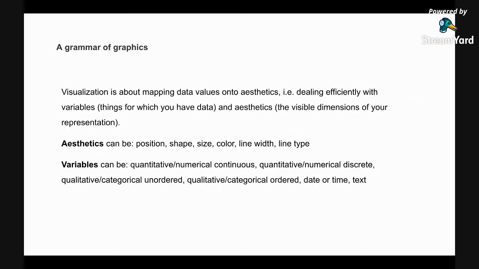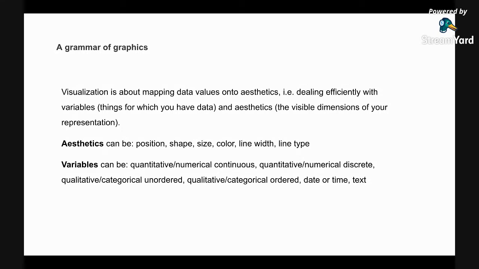So there are two main components in visualization. One is aesthetics, which relates to everything that is the position, the shape, size, color, line width, or line type. On the other hand, you have the variable, so the quantifiable things that you are displaying in the visualization.